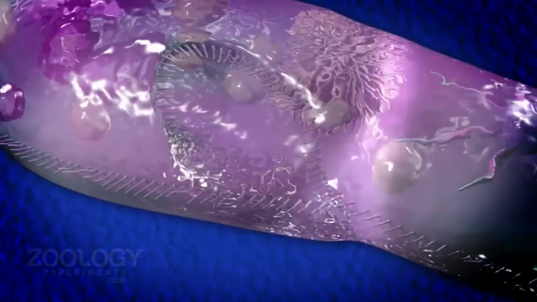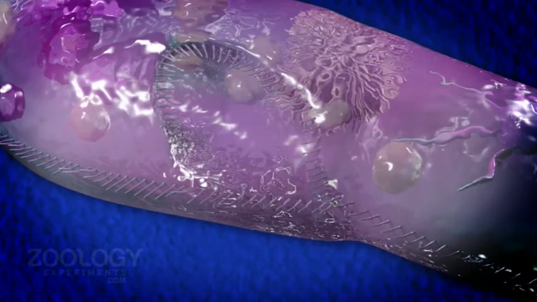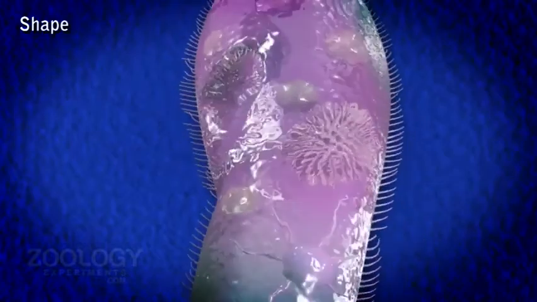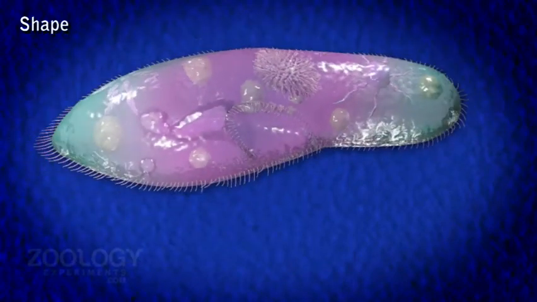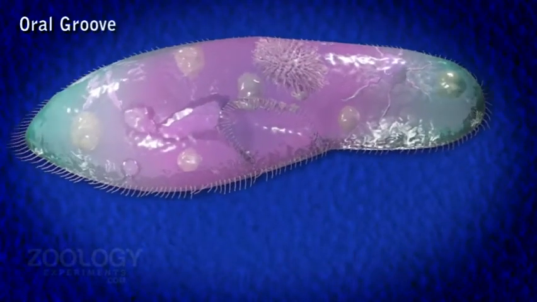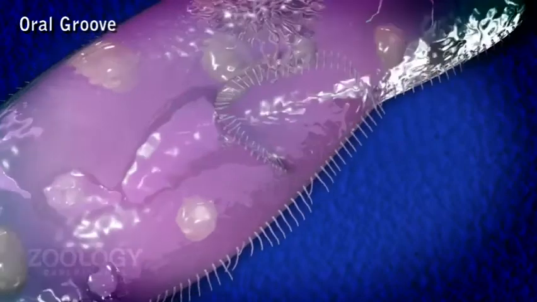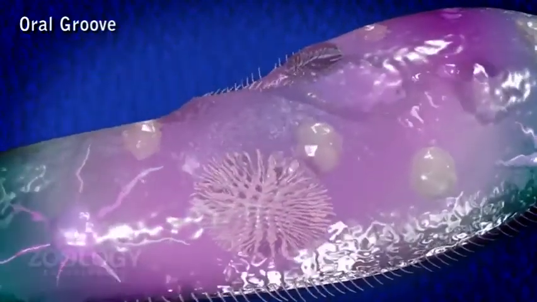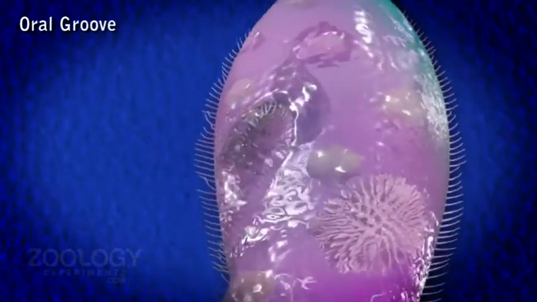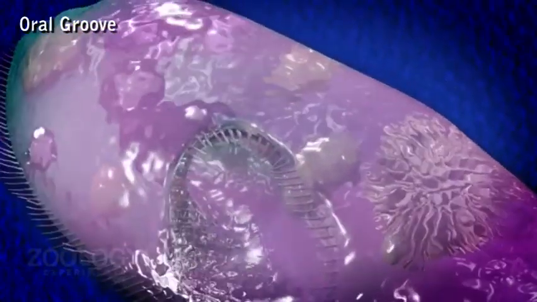The body is distinguished into an oral or ventral surface and an aboral or dorsal surface. Oral groove. The ventral surface of the body bears a prominent oblique and shallow depression called the oral groove.